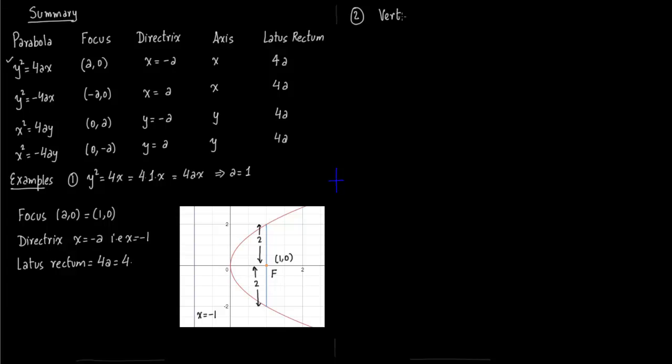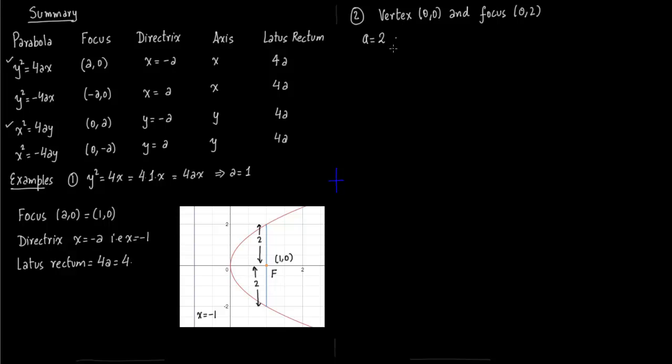Now we discuss another example. Say the vertex of the parabola is given as 0, 0 and the focus is 0, 2. Now if the focus is 0, 2, you can immediately see that a is equal to 2. Now you go through the list of parabolas and you see the parabola in the third row satisfies our condition. This one right here. So this is what we will copy.